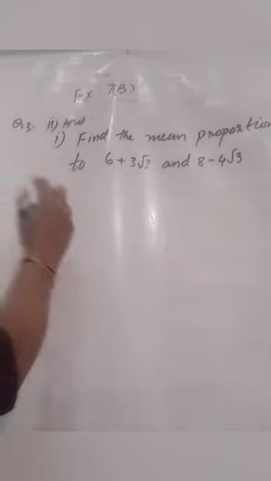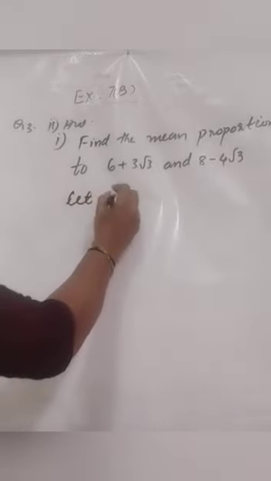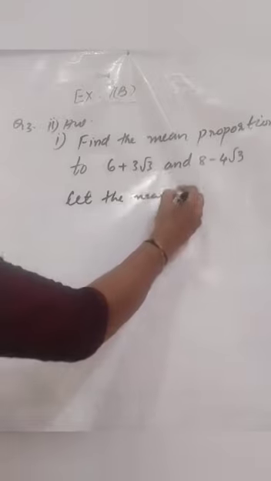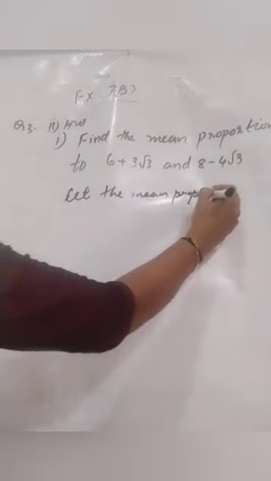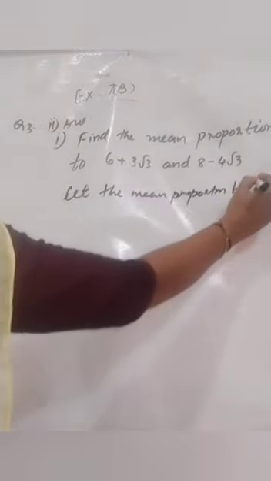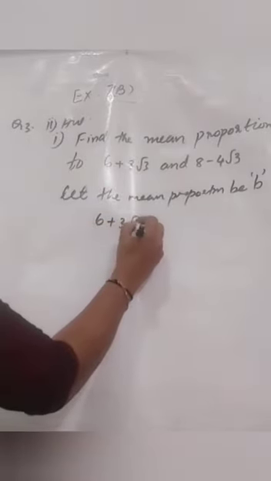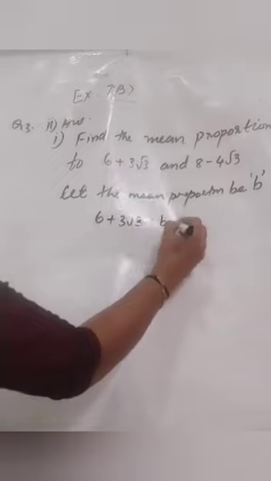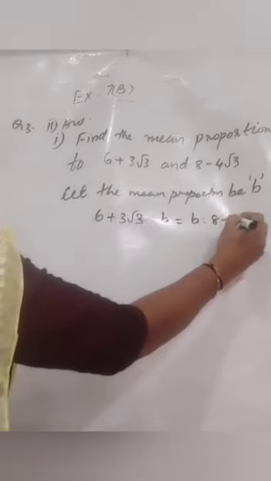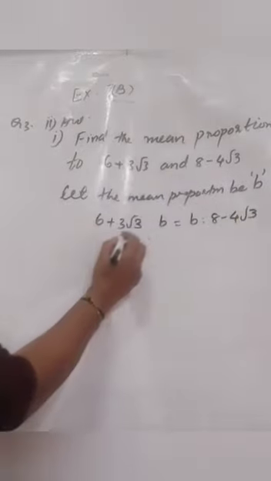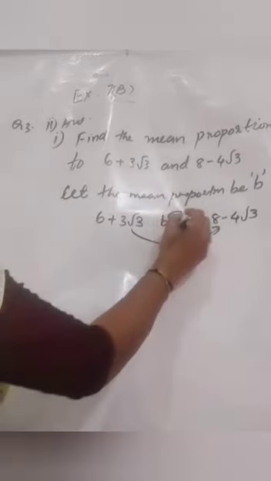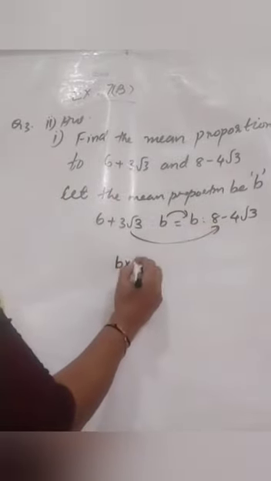Now the next problem. Second one homework, do the first. Find the mean proportional. Let the mean proportional be x. We take the unknown values to be x. Now mean proportional: 2, 6 plus 3 root 3 and 8 minus 4 root 3. So here we can take b or x, no problem. Here I took b.